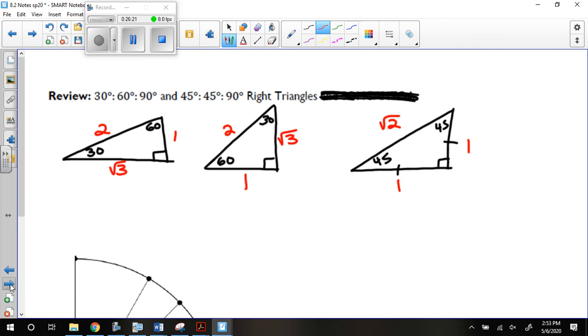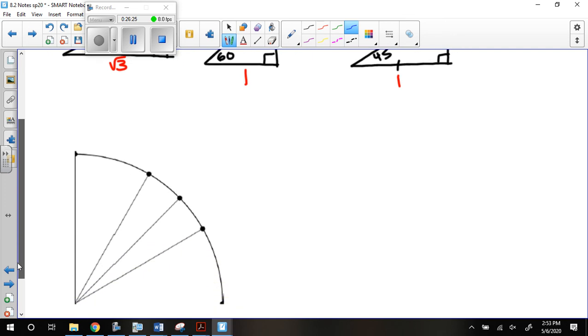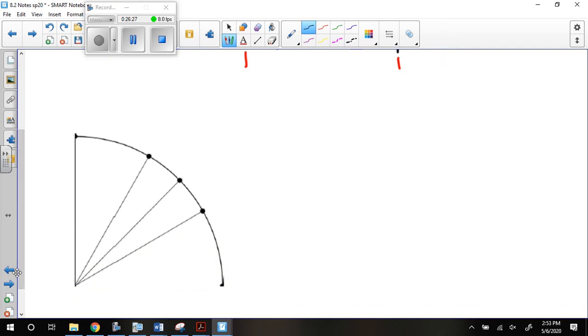Okay, so these are your special right triangles from Math 2 that you should hopefully have learned about. I'm going to scroll down here for a second. Okay, and this, I don't know why I'm missing a line here, is quadrant 1. Our unit circle is going to be all 4 quadrants, but this is currently showing quadrant 1 of our unit circle.